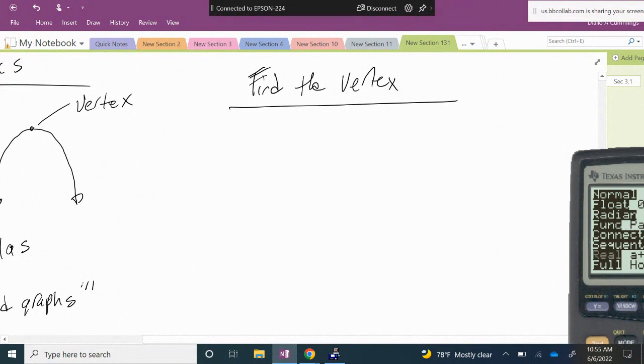Here is the first method, and it's actually by a formula.